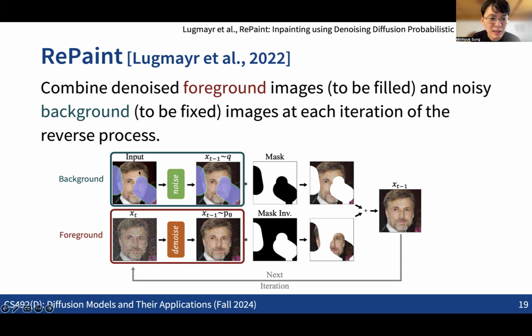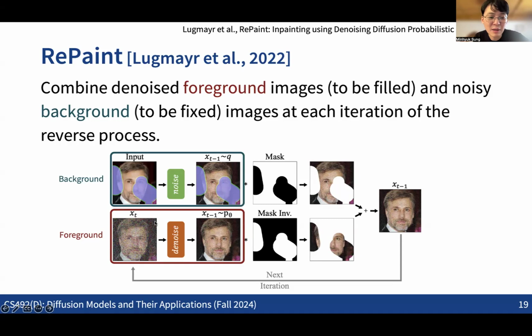For the background, we have some known x0, the final output. What we eventually want is for the output image to match the given input image in the background region. So we can consider this the x0 for the background region.